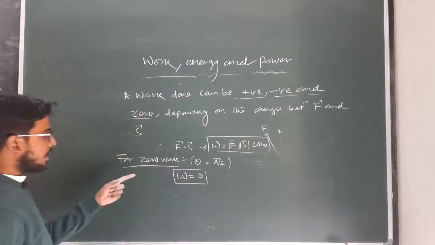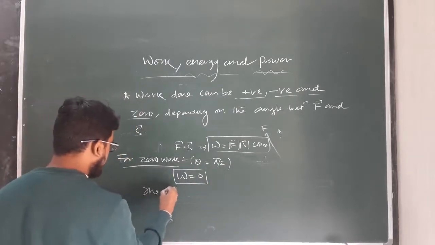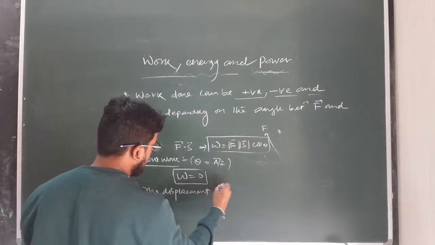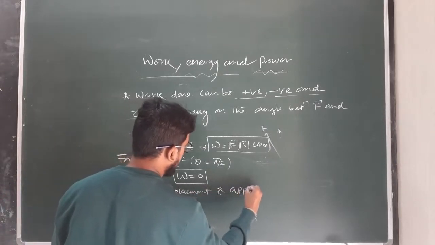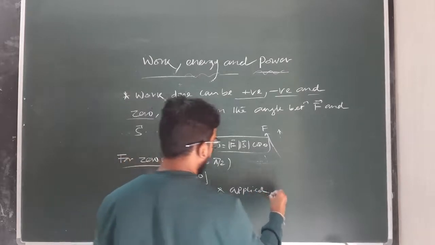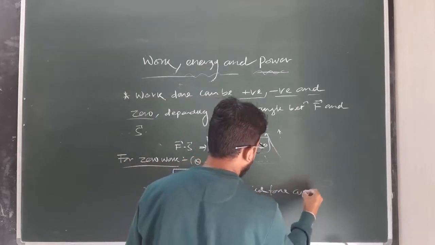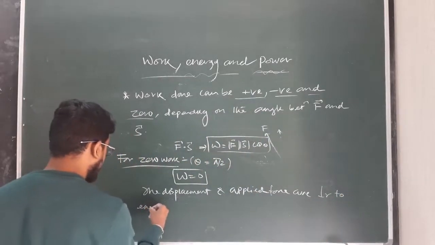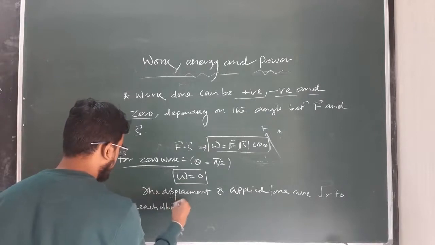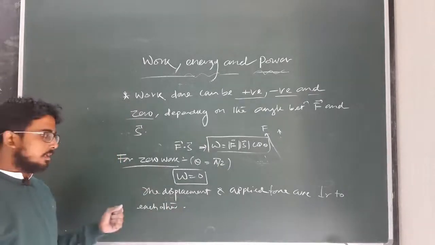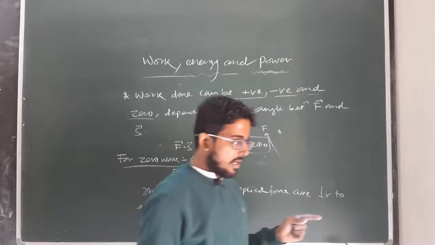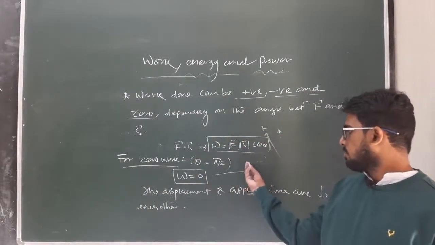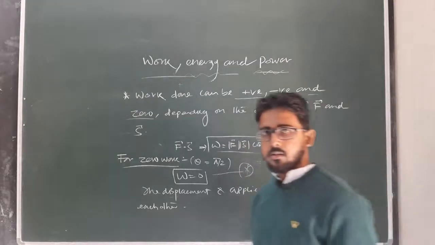So for 0 work, the displacement and applied force are perpendicular to each other. Okay, clear? So when displacement and applied force are perpendicular to each other, the work done is said to be 0.